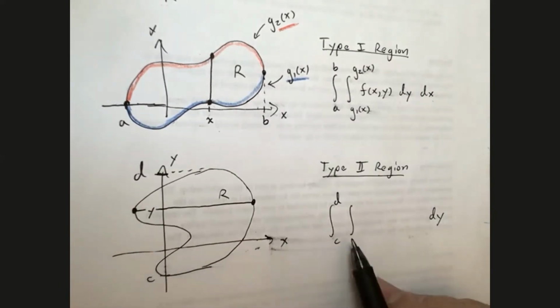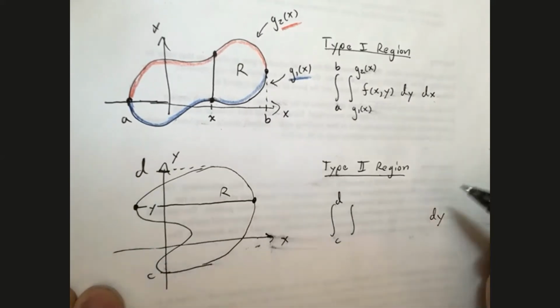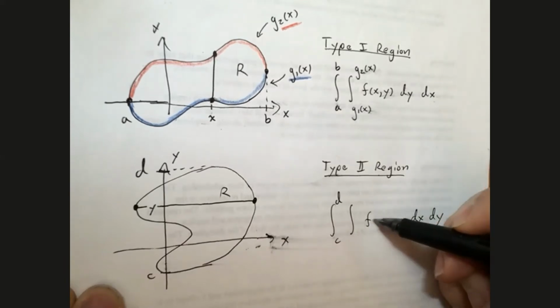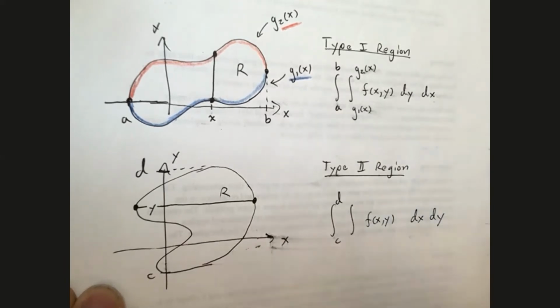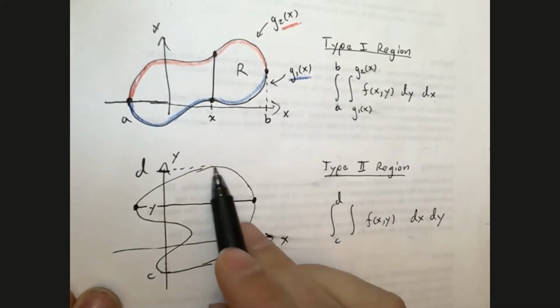So let's see, y goes from c to d, and for each y in between c and d, this integral for x, I'm integrating some function here, the x is going to range from here to here. Well, these curves here are functions of y. Right?